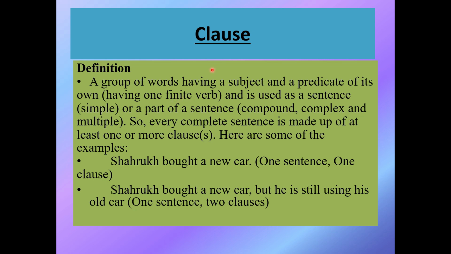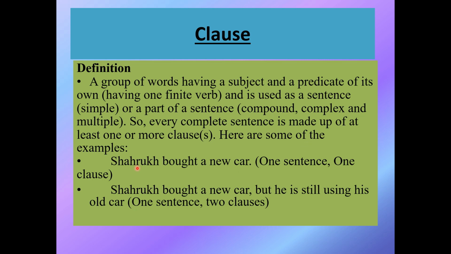Secondly, there are different types of clauses, and in one sentence there must be one independent clause. एक सेंटेंस में एक इंडिपेंडेंट क्लॉज का होना बच्चों लाजमी होता है. लेकिन if a sentence is longer, we can have compound, complex and multiple sentences, and it depends upon how many clauses we have in that sentence. उस sentence में clauses कितने हैं हमारे पास. So every complete sentence is made up of at least one independent clause or more clauses. एक independent clause का होना हर sentence में लाजमी है.